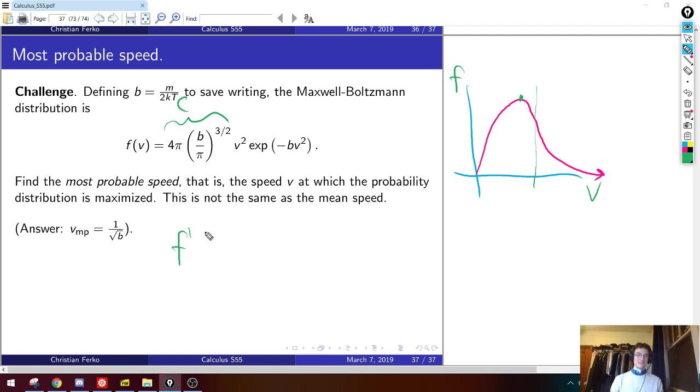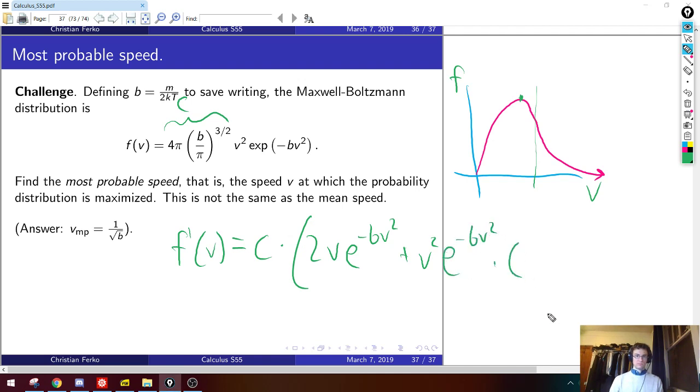So F prime of v equals c times v in parentheses. Let's see. 2v times e to the power of negative bv squared plus v squared times e to the negative bv squared times... Well, are we allowed to do that because it's squared in there?